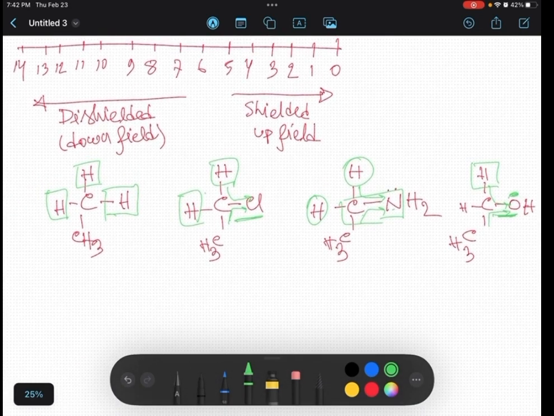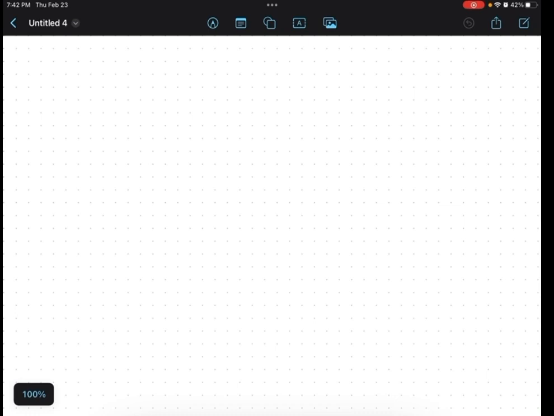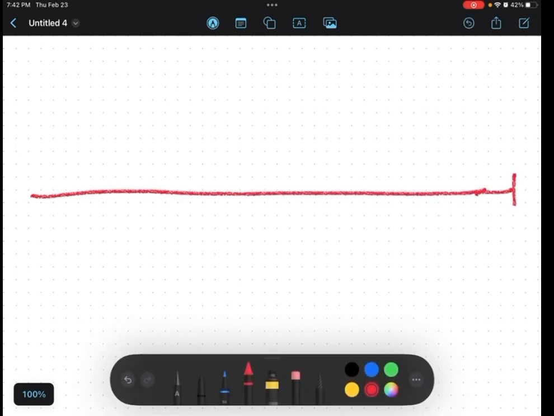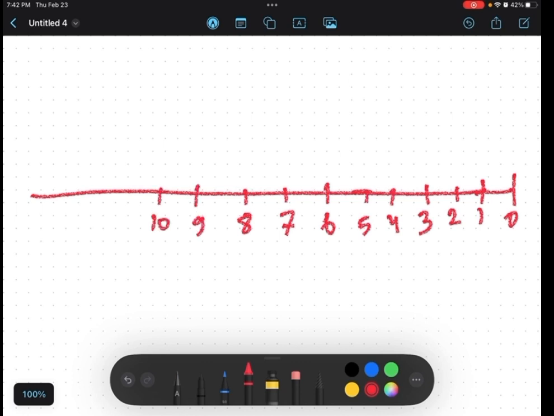Okay, so now let's see the scale to remember. We can take a new one actually. Again, the scale: 0, 1, 2, 3, 4, 5, 6, 7, 8, 9, 10, 11, 12, 13, 14 ppm.